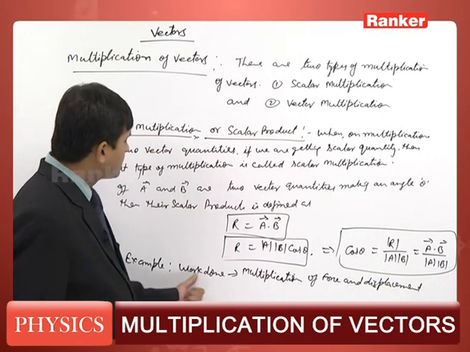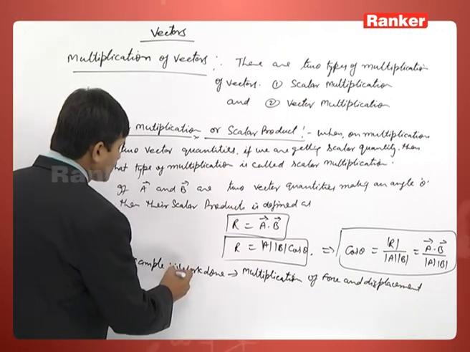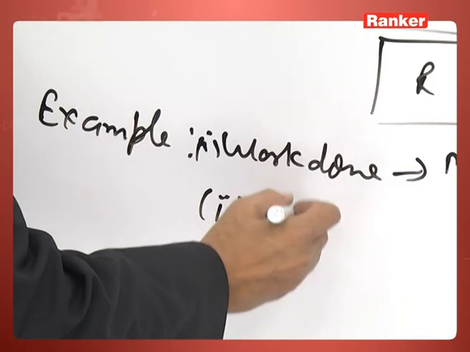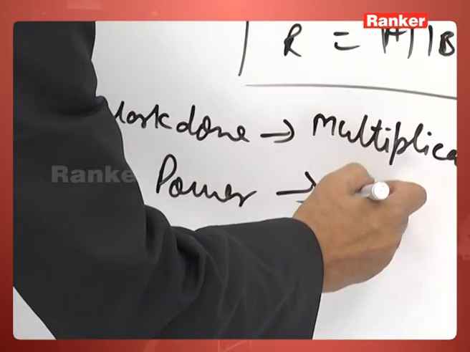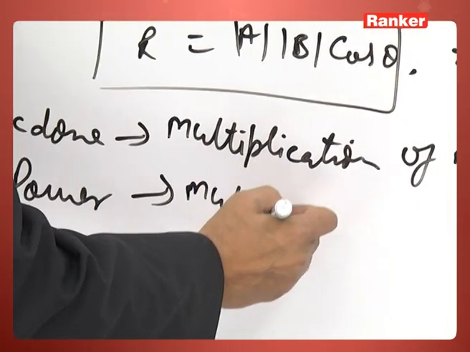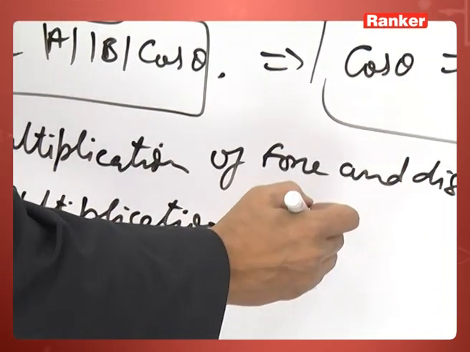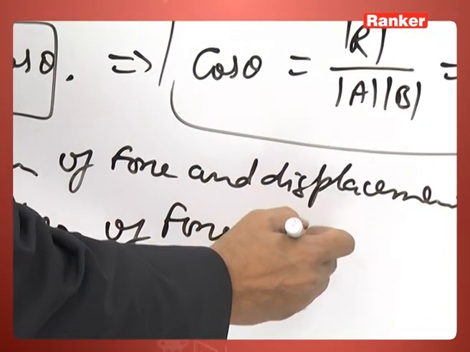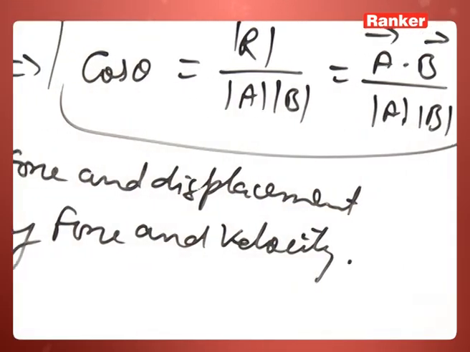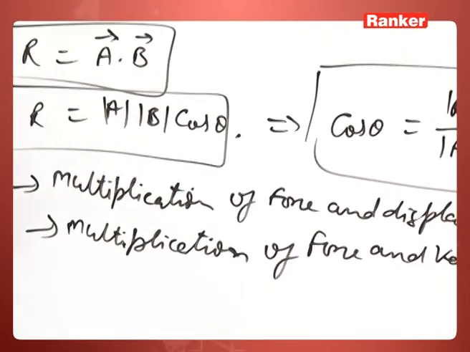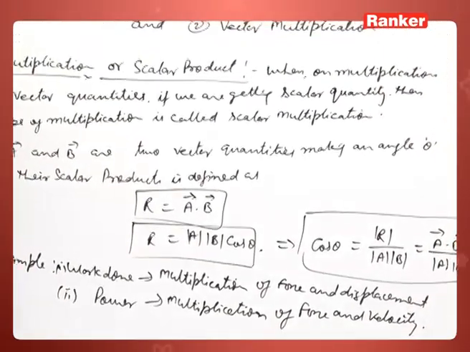Work done is scalar, while force and displacement are vectors. Similarly, another example is power, which is also the multiplication of force and velocity. This is also one of the examples of dot product, or scalar multiplication.